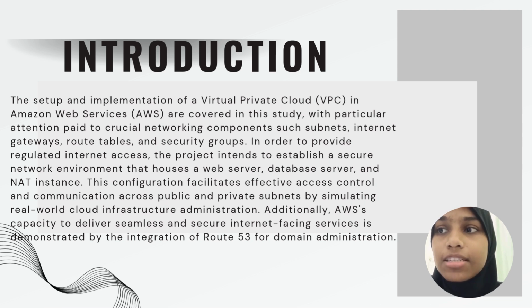The introduction: the setup and implementation of a virtual private cloud (VPC) in Amazon Web Services (AWS) are covered in this study, with particular attention paid to networking components such as subnet, internet gateway, route tables, and security group. In order to provide regulated internet access, the project intends to establish a secure network environment that houses a web server, database server, and NAT instance.